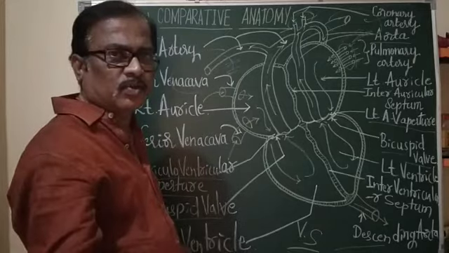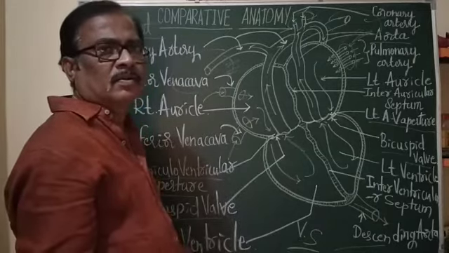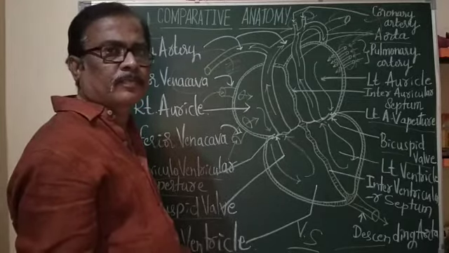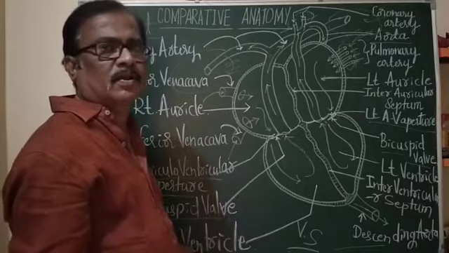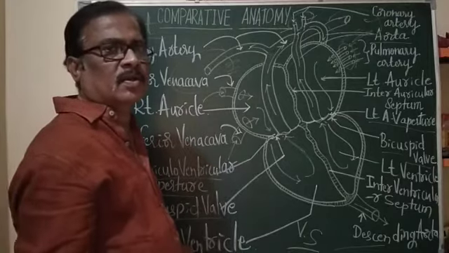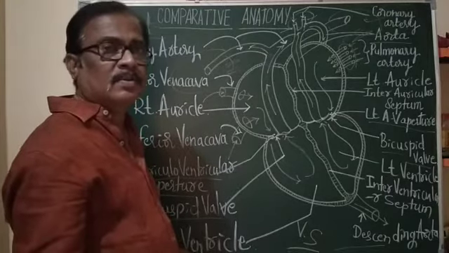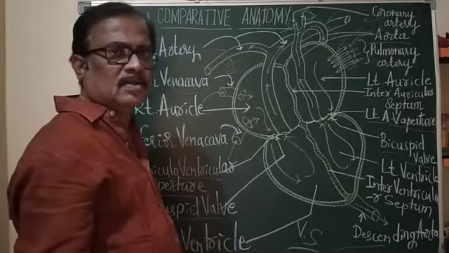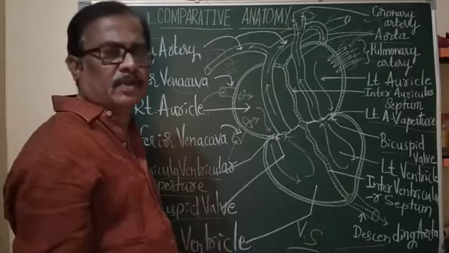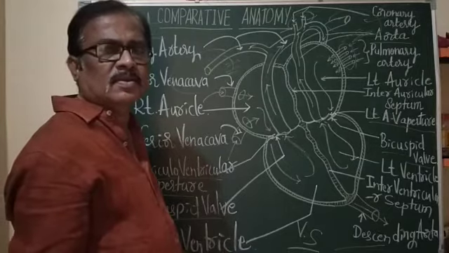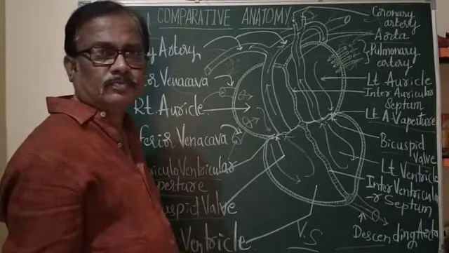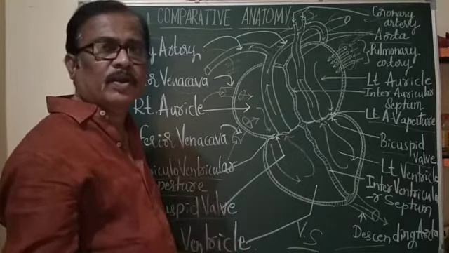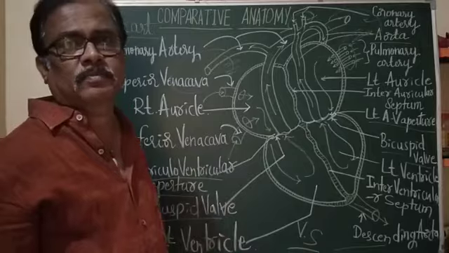To the liver, the hepatic artery. To the lungs, the pulmonary artery. To the stomach, the gastric artery. To the intestine, the intestinal artery, like that. To supply the blood all over the body, it descends downwards and produces many branches as the descending aorta, so that the blood will be distributed throughout the body.